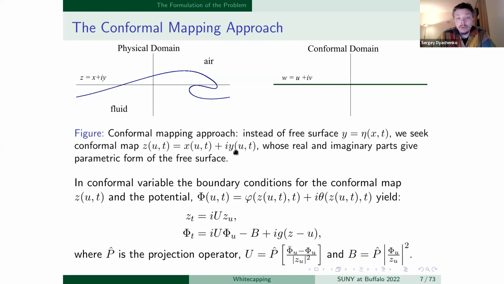And the conformal map has both real and imaginary parts. And since the conformal map has to be an analytic function in the conformal domain, it has to satisfy certain relations between its real and imaginary parts when evaluated at the free surface. So namely, the imaginary part y is connected to the real part x by the Hilbert transform.